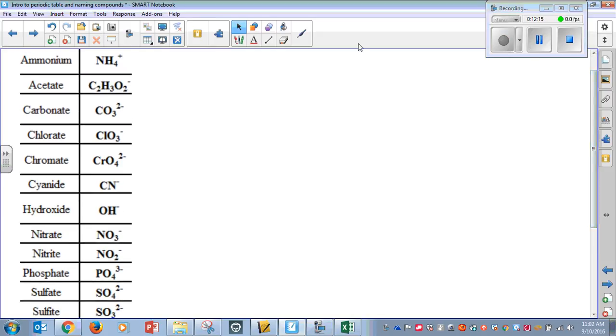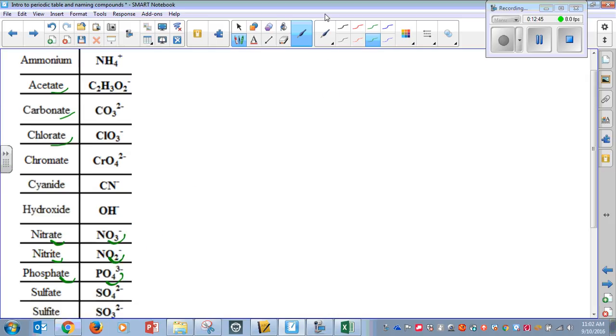When you see ATE or ITE at the end of a name, that is a clue to you that our polyatomic ion has an oxygen in it. Phosphate has O4, phosphite would be PO3. See, nitrate is NO3, nitrite is NO2.